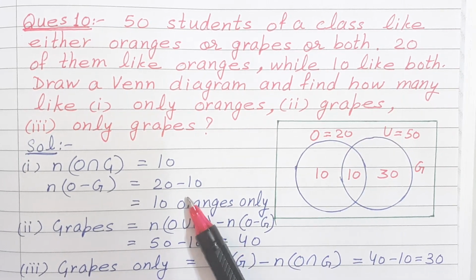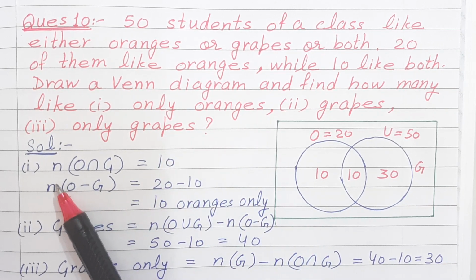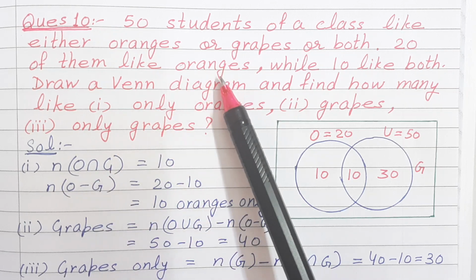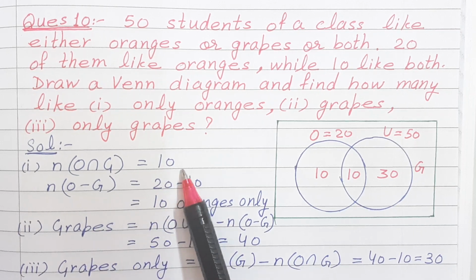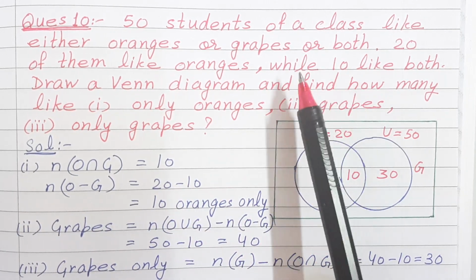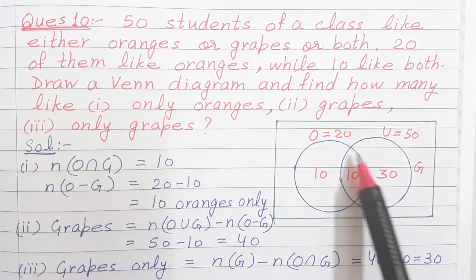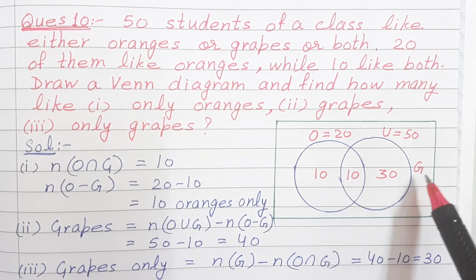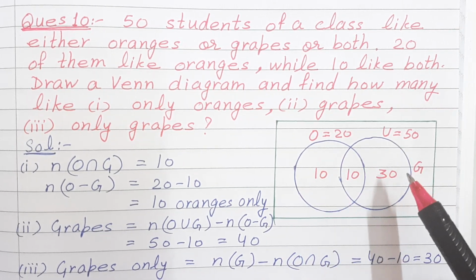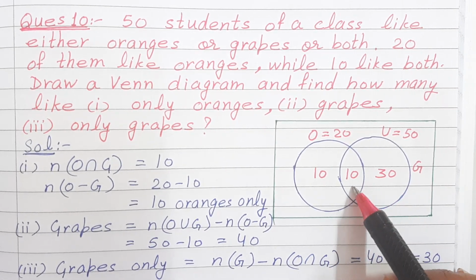Children, here first of all let's see the common elements, that is the number of students who like oranges and grapes, which is equal to 10. That is already given: 10 like both. Now let's make a Venn diagram where O represents oranges and G represents grapes, and 10 is the common part, that is students who like oranges as well as grapes.